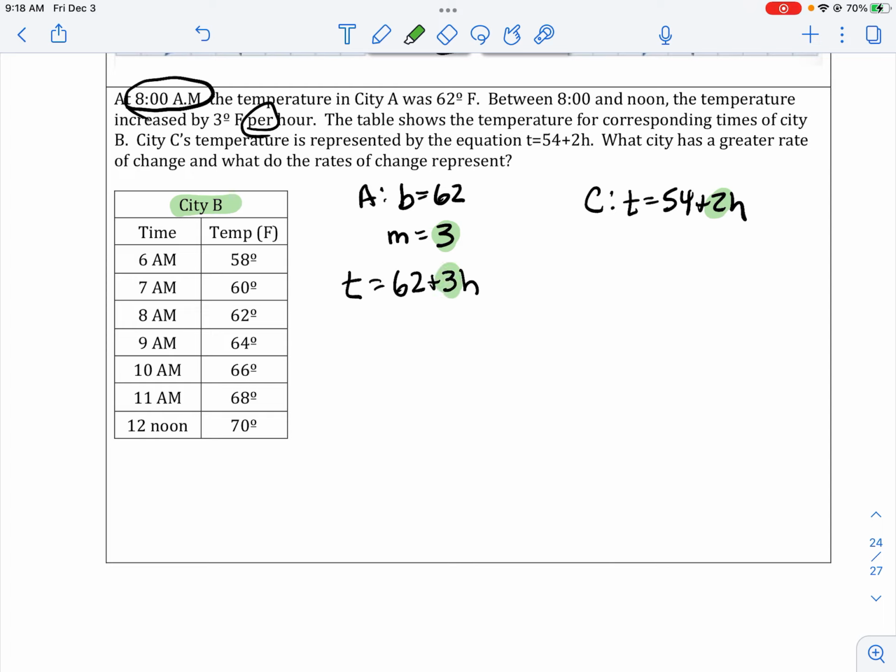So right now City A has a larger rate of change, but we have to figure out the rate of change for City B. And if you look, the temperature increases by 2 degrees each hour. Therefore, City A has a greater rate of change.